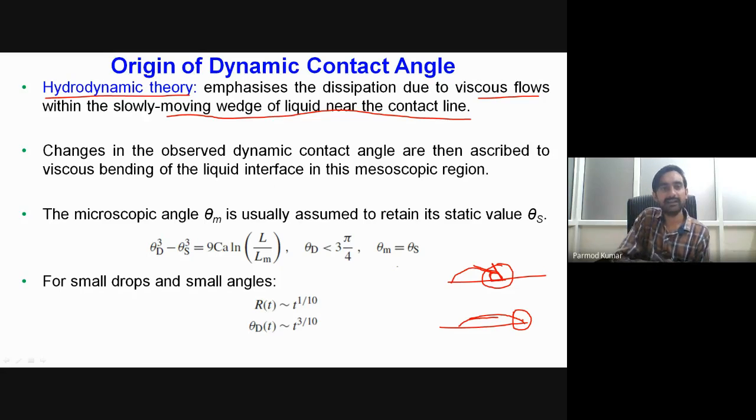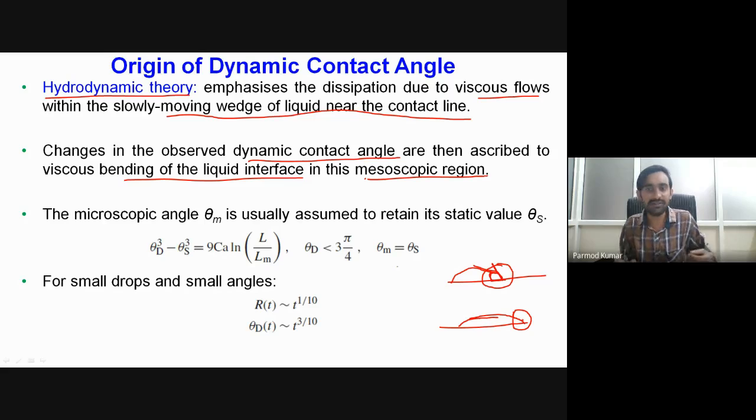Okay, and as per this theory, we also consider that whatever changes we observe in the value of the dynamic contact angle are due to the viscous bending of the fluid interface, and this viscous bending will be visible only in the mesoscopic region.